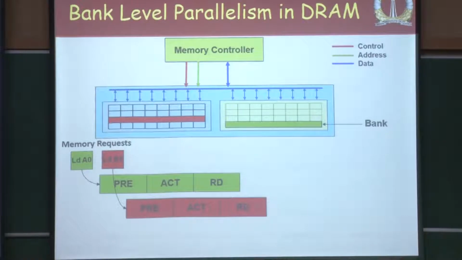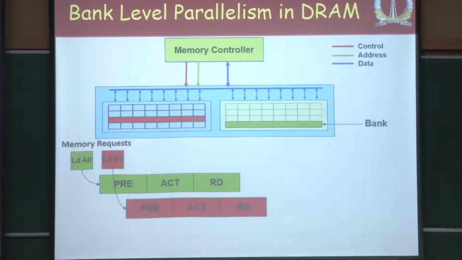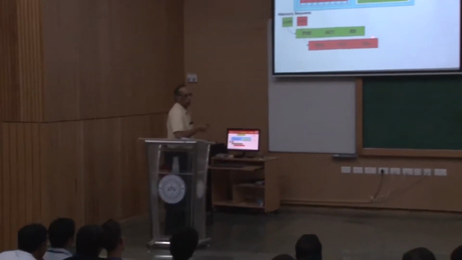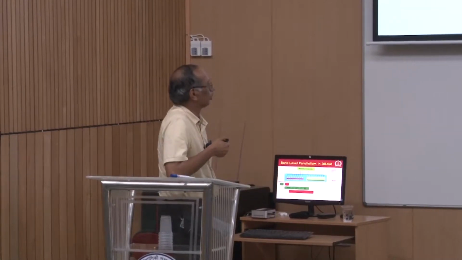Let us just go back one step. As soon as the channel becomes available, I can start doing the precharge, activate and other things if there is a row buffer miss. Let us assume initially it is a row buffer miss. But even when this bank is working on this sequence of requests, I can start this set of things on the other one.